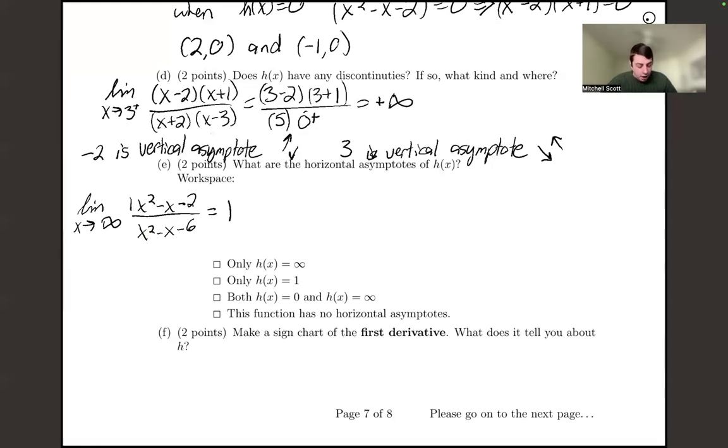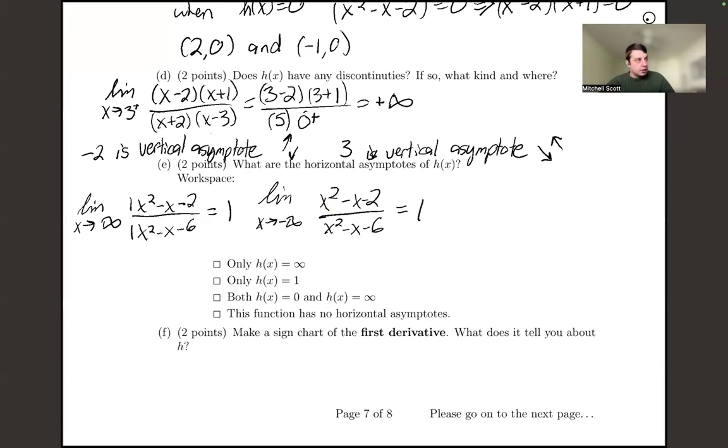So we essentially have 1 x squared over 1 x squared as the leading terms, which means they're going to cancel out and it's going to be 1. And similarly, as x approaches minus infinity of x squared minus x minus 2 over x squared minus x minus 6 is going to also equal 1 by the same logic, right?